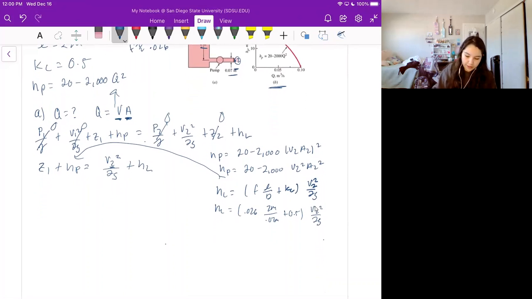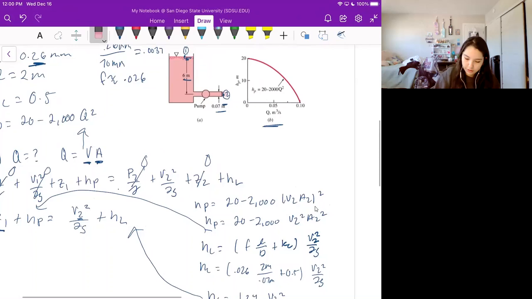And when that is simplified, you get that head loss is equal to 1.24 times V2 squared over 2g, and that can be plugged in as well. And we know that Z1 will be 6 meters because of the height given to us here.